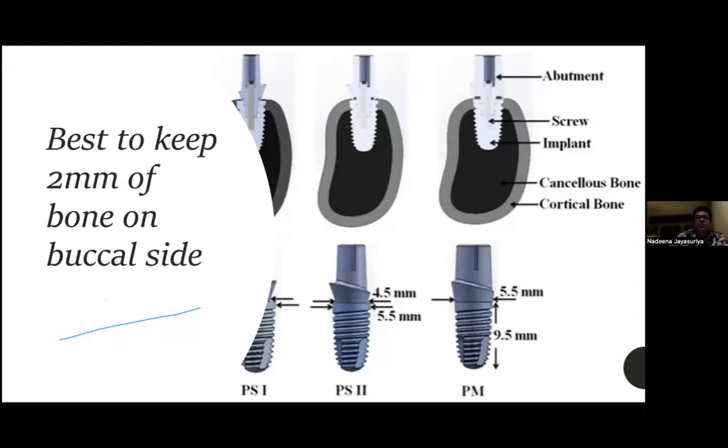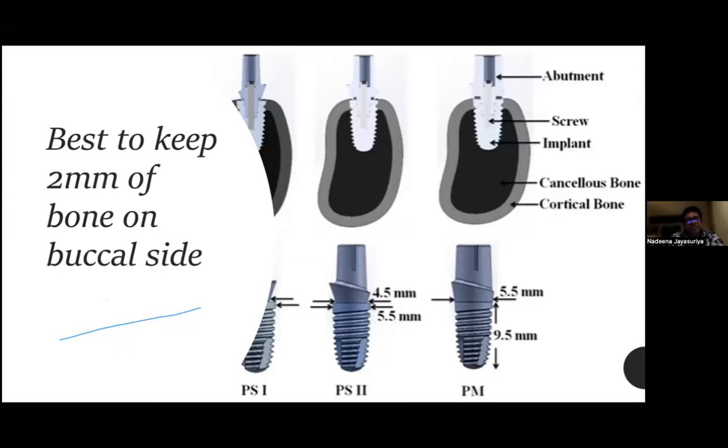So it is very important to keep a good bone cover around the implant. Let's say that you want to put an implant into a molar area. There's no point in trying to put the biggest implant in with minimum bone cover.